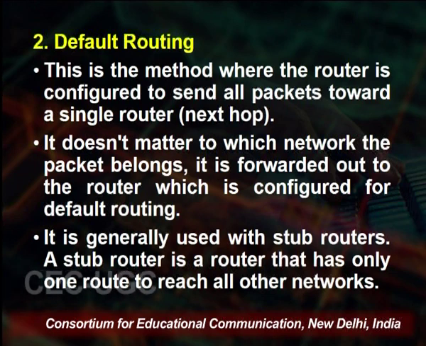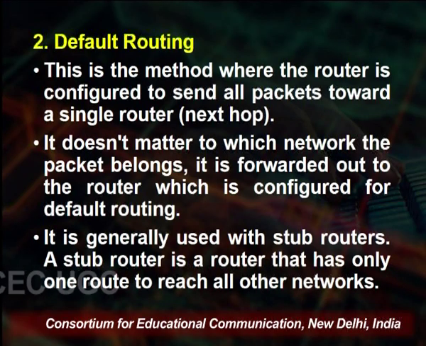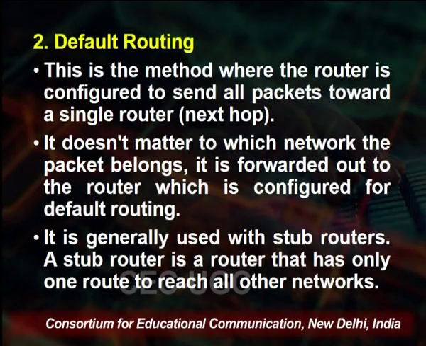Now, what is the scenario in which just passing down to the next hop is going to be used? It is generally used with a stub router, which is a router that has only one route to reach all the networks.